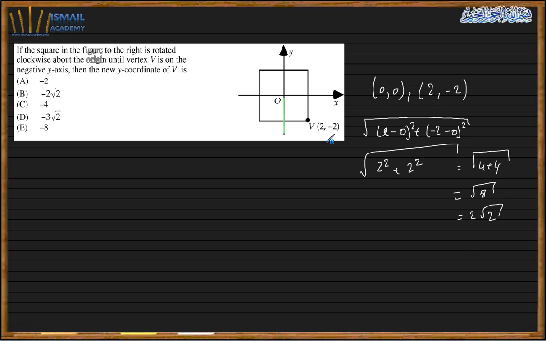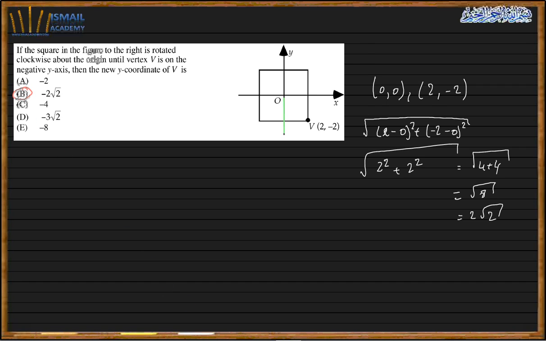Because the point is on the negative side of the y-axis, the value is going to be minus. So I'm looking for minus 2 square root of 2. That is B, so B is my answer.